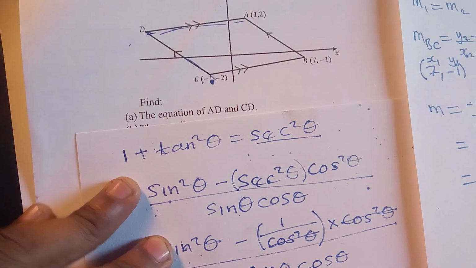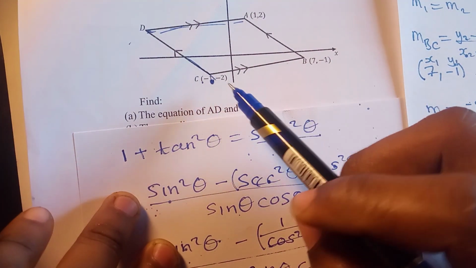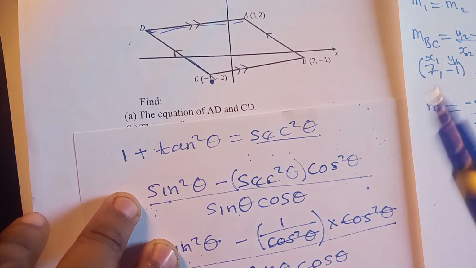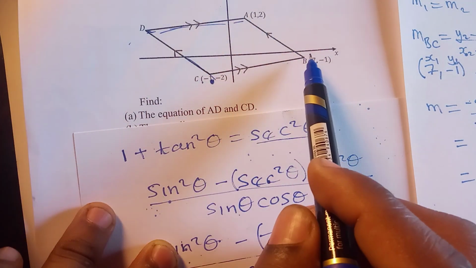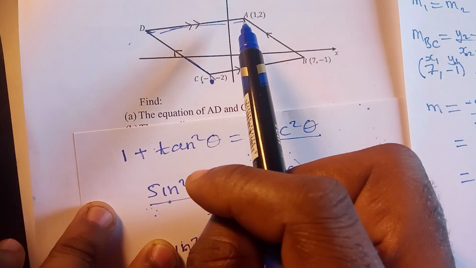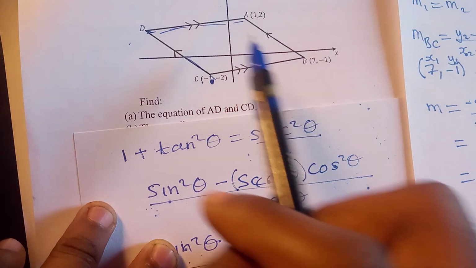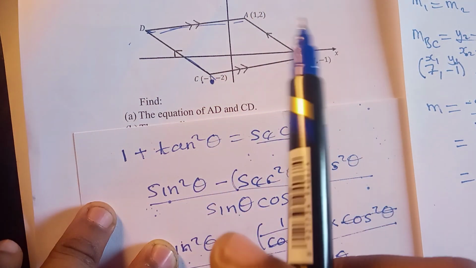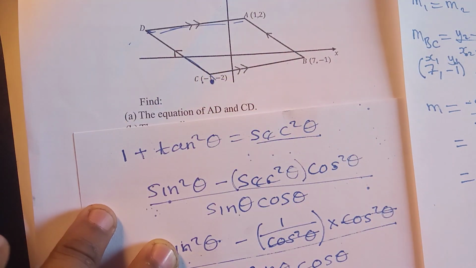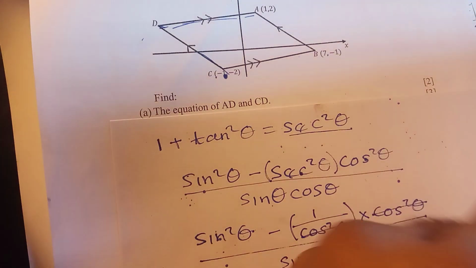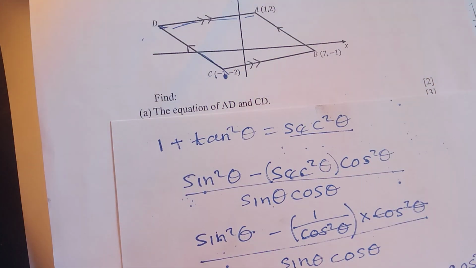Then to find the equation of CD, as you can see, CD is parallel to AB. So if you can just find the gradient of AB, that same gradient can be used to find the equation of this, since the two lines are parallel and their gradients are exactly the same.